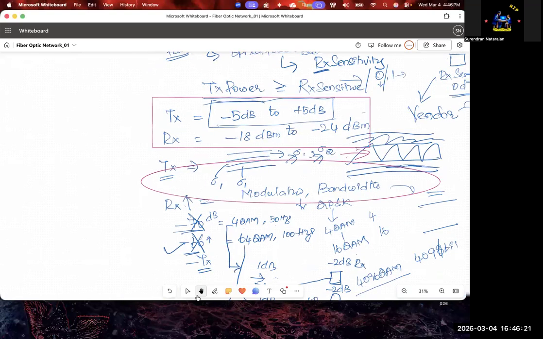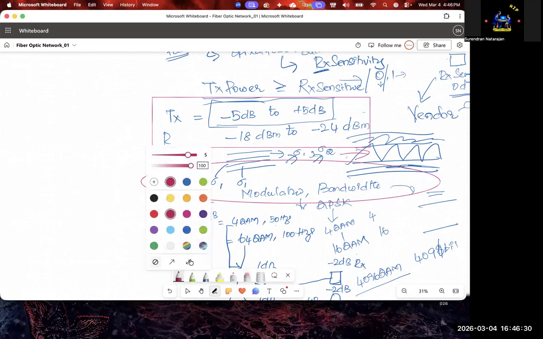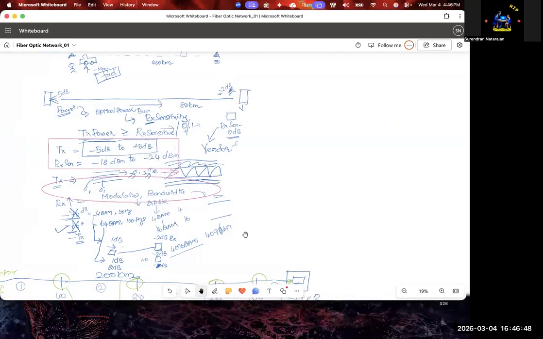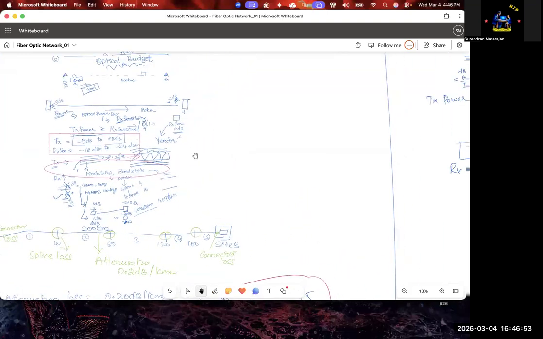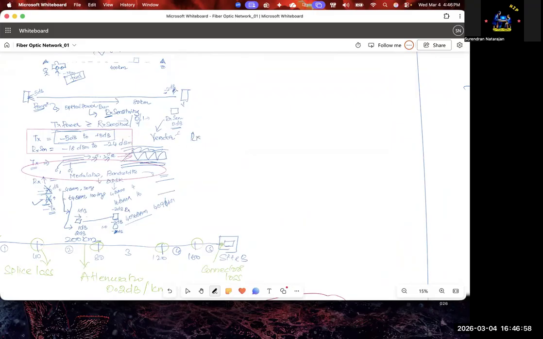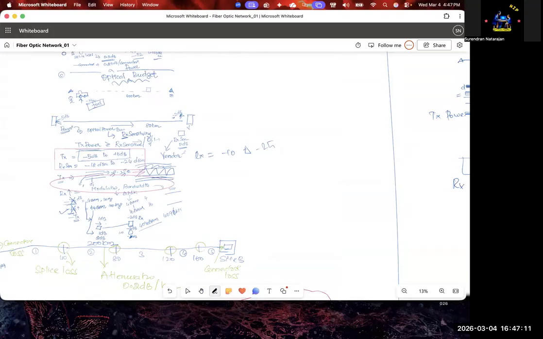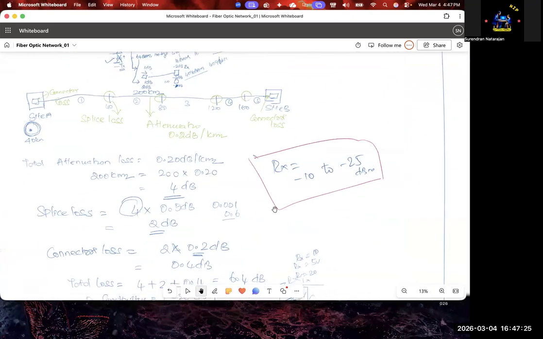Okay, now we got the transmitter range, RX sensitivity range, as well as the RX level. Here it is, minus 10 to minus 25.